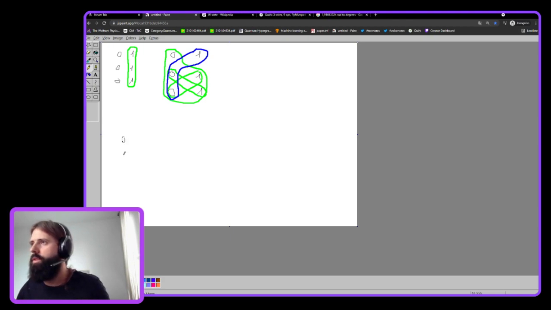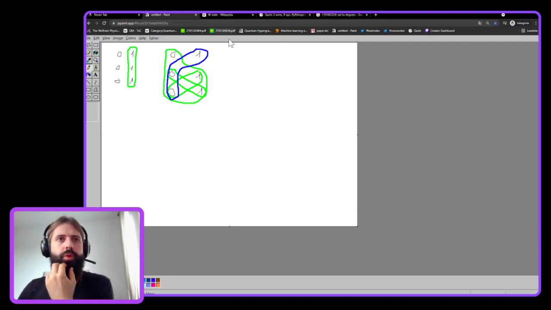So we're starting with all zeros, but then we do a rotation, which would just rotate the state, right?